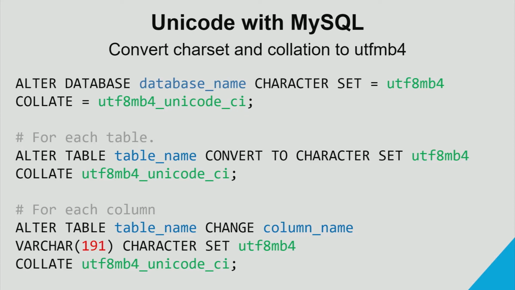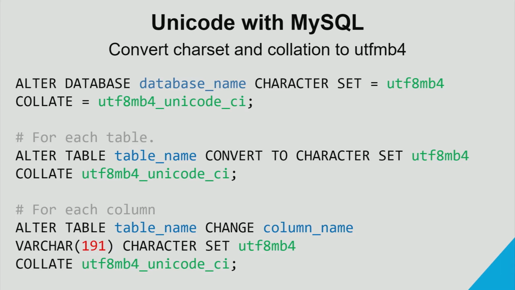So we have to go through each table. Just do this for all the tables you have, and convert the character set to UTF-8 MB4, and then set it to use Unicode CI collation. This includes all the rules that you have for Unicode. Then go through individual columns, which you probably have as, say, 200, and then you have to change this.